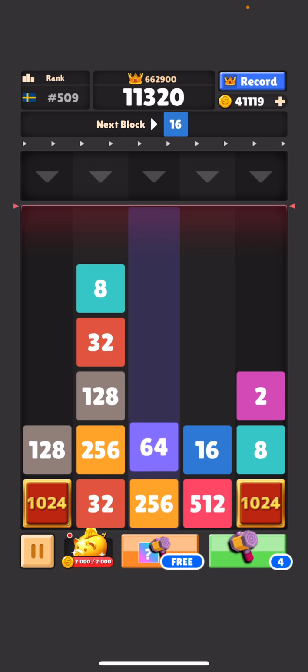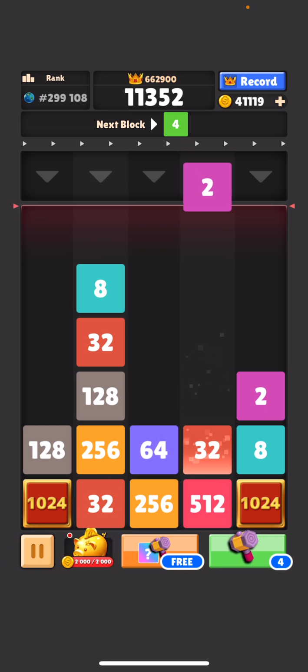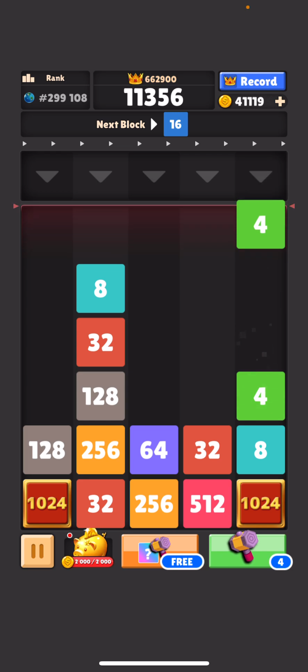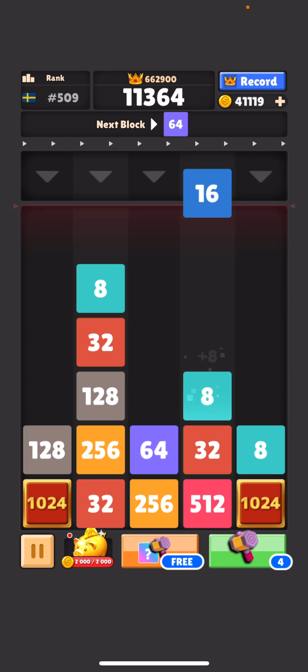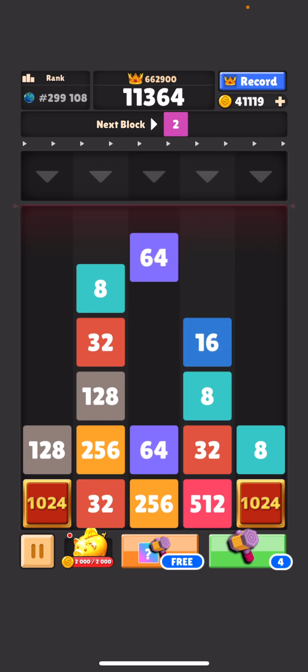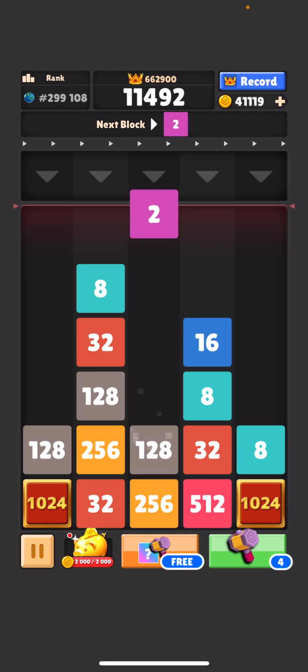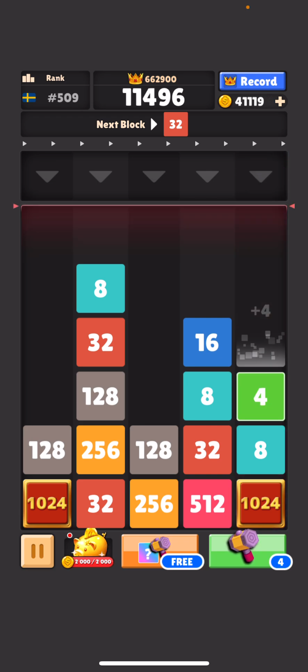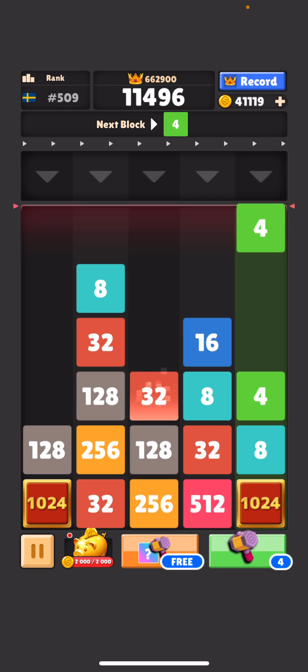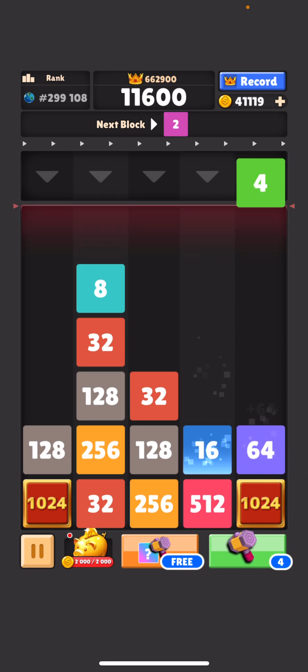So now we have zigzag the 256 and also the 128. And now we get to zigzag with the 8, but we place the 16 on top of the 8 because we will not take that one. And now we get a 32 zigzags. We have lots of zigzags here.